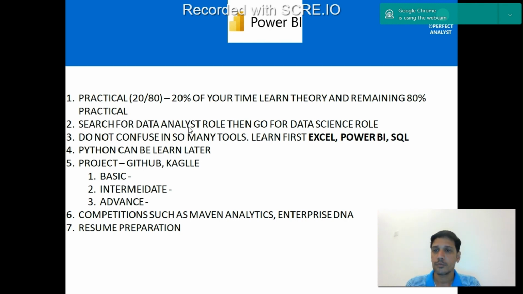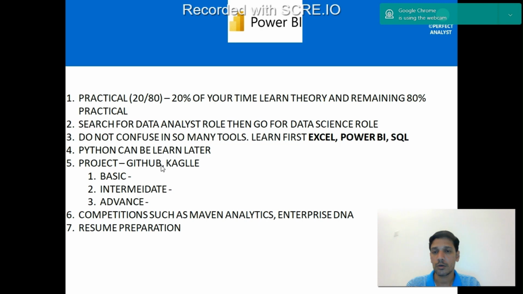Second point, search for data analyst roles first, then go for data science roles. If you are a new learner and you are finding a job in data-related work, don't jump directly into a data science role. First find a role where you can apply the basic tools like Excel, Power BI or SQL.